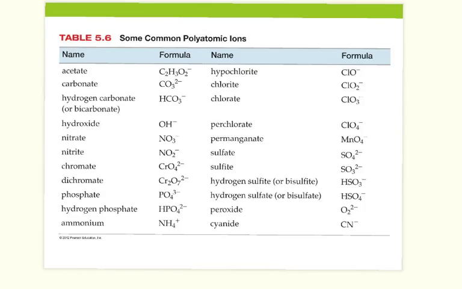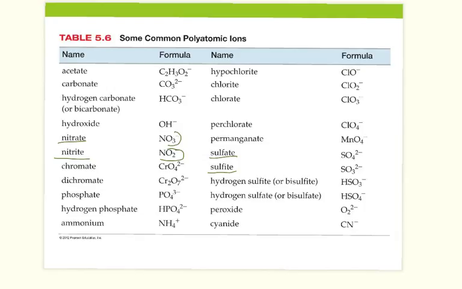A thing to know is that when we have, for example, the nitrate and the nitrite, the ate ending always goes to the one with the more oxygens in it, and the ite ending always goes to the one with the fewer oxygens in it, like sulfate and sulfite.